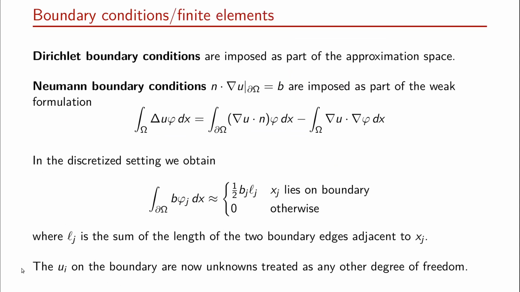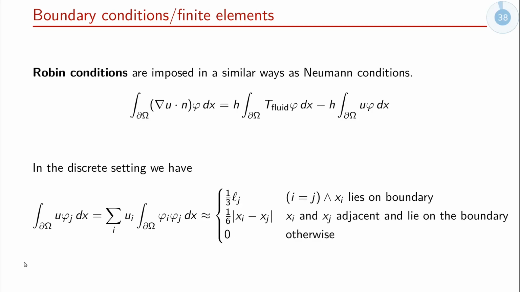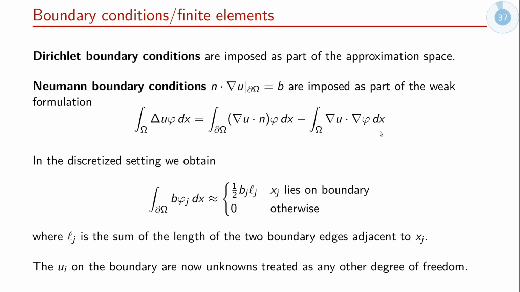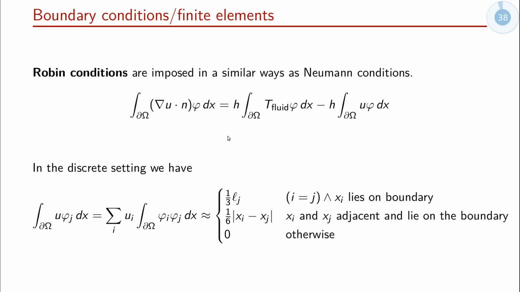So this is Neumann boundary conditions, but what we are ultimately after are Robin boundary conditions. But since we now understand the Neumann boundary conditions, Robin boundary conditions are actually very easy. We once again do the integration by parts. We get this integral, which is over the boundary of the domain.